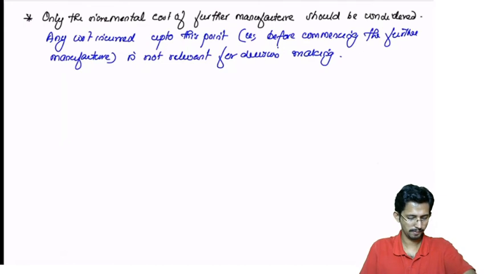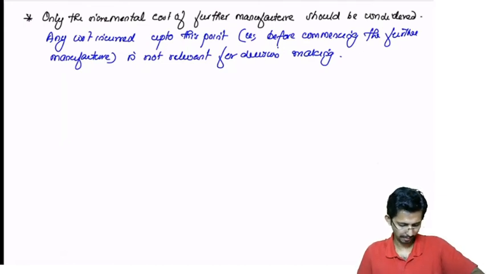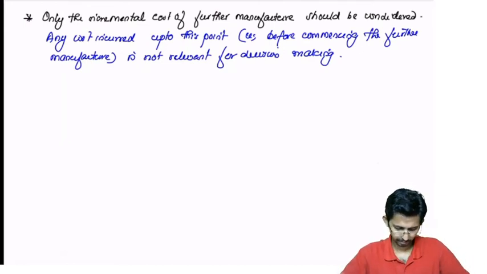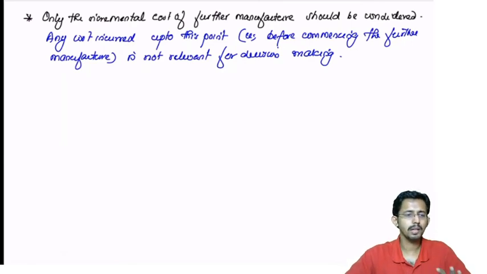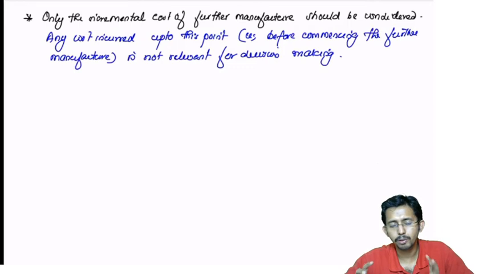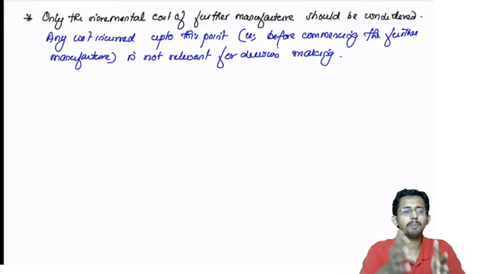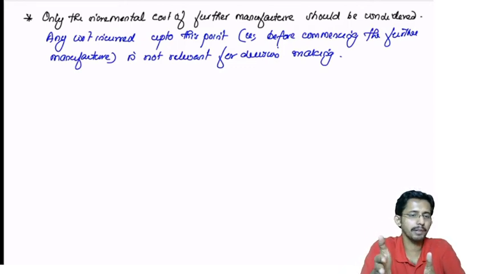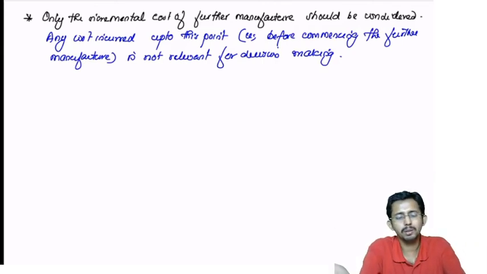Suppose any cost incurred for that particular product before the point of decision of further manufacture is not relevant, because that cost will be incurred irrespective of whether you opt for further manufacture or not.